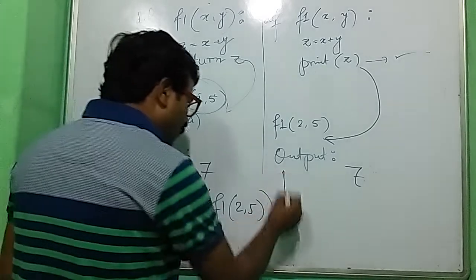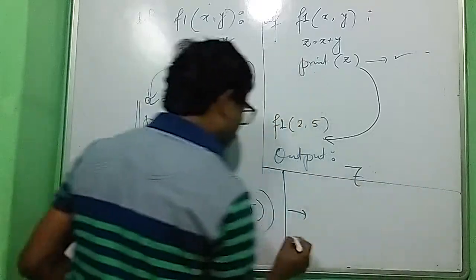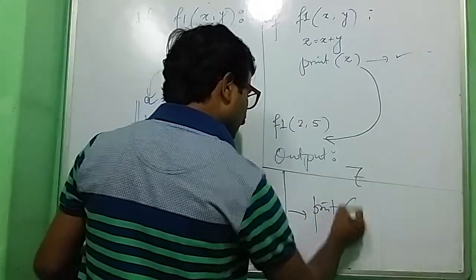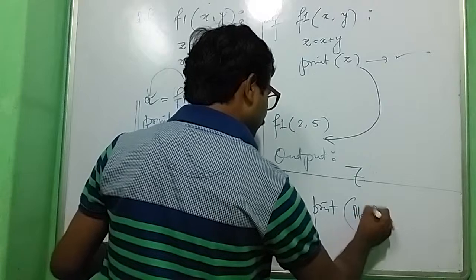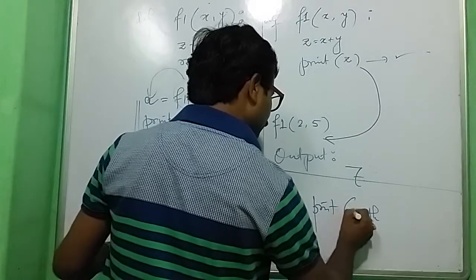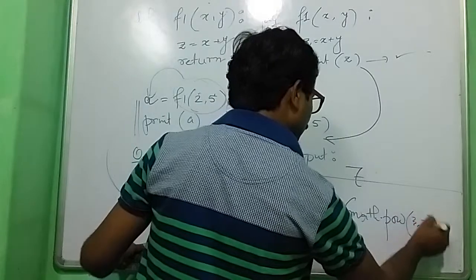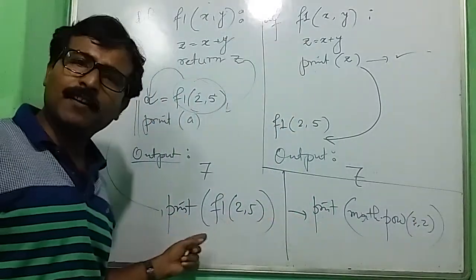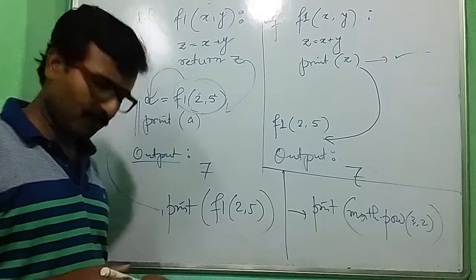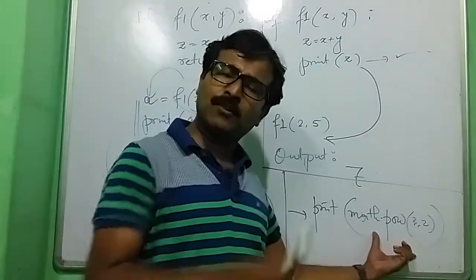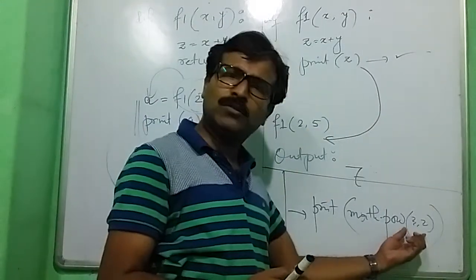Can you compare this thing with print math.pow? Are they comparable? This is a module function I have used, math.pow 3, 2.